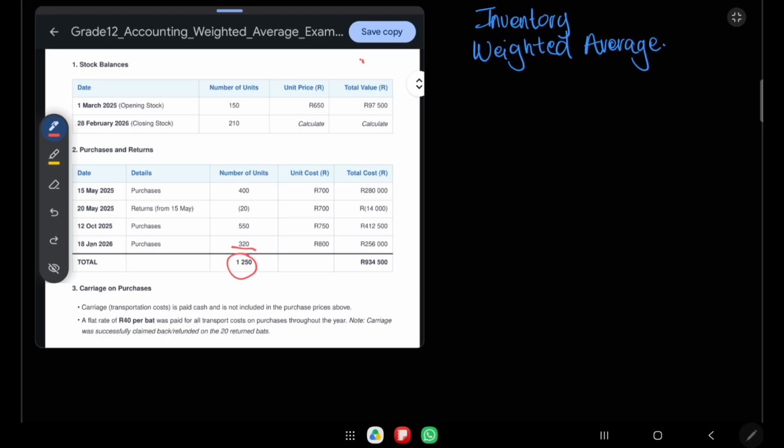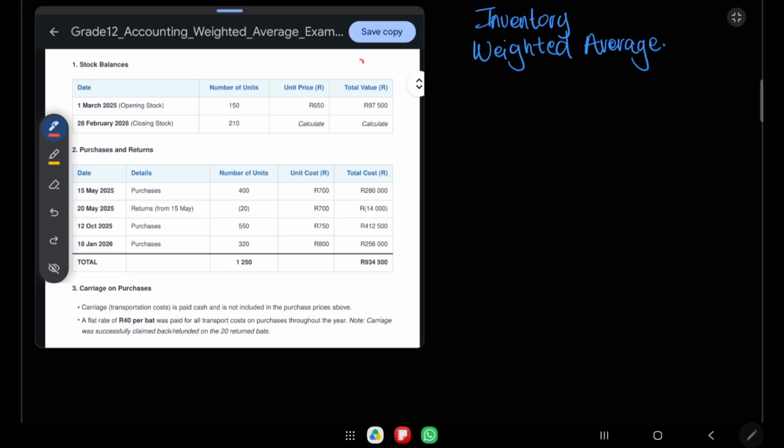I don't get 1,250. Let me punch this in my calculator again. I have 400 minus 20 plus 550 plus 320. Oh, I get 1,250 units. I made a mistake. So that's okay.